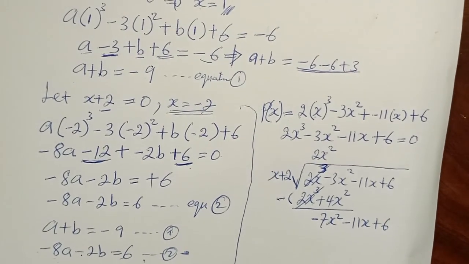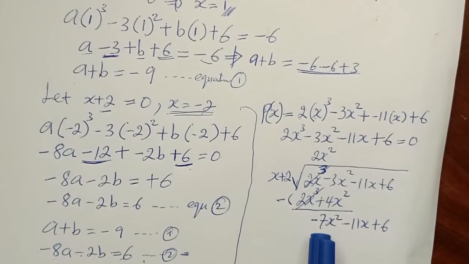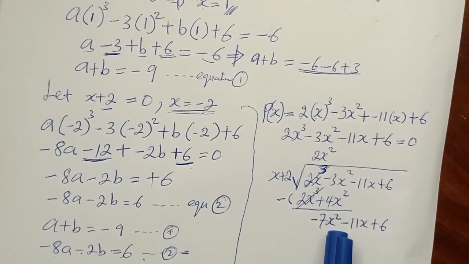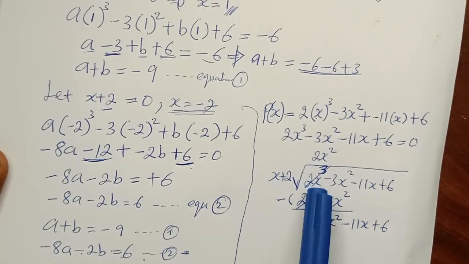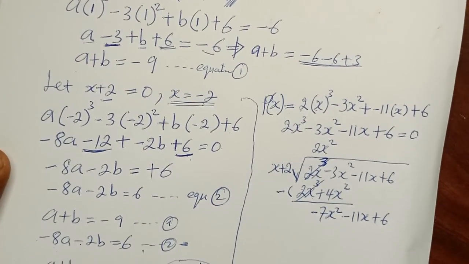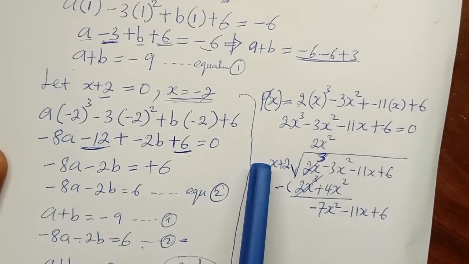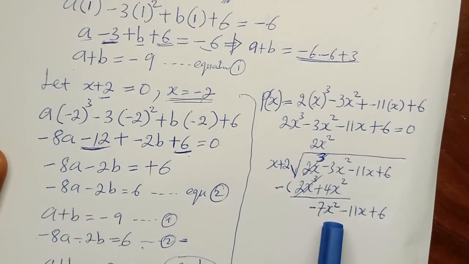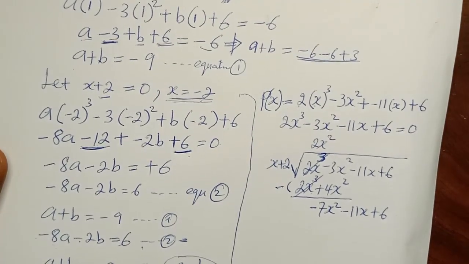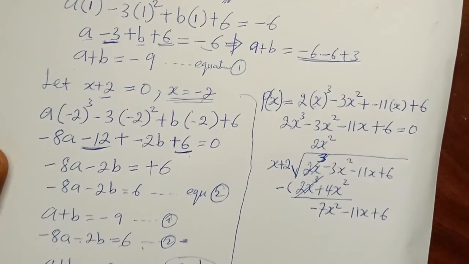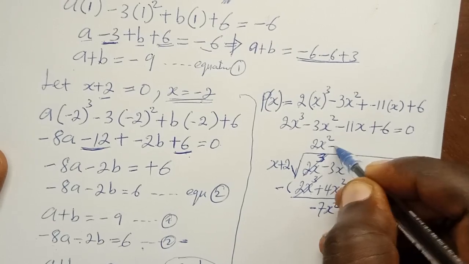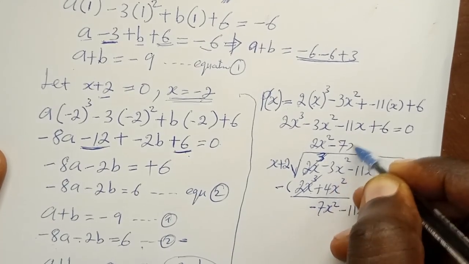Now to divide, we use the first term here, just as we used the first term 2x cubed before. This time, we use minus 7x squared. Minus 7x squared divided by x gives us minus 7x.